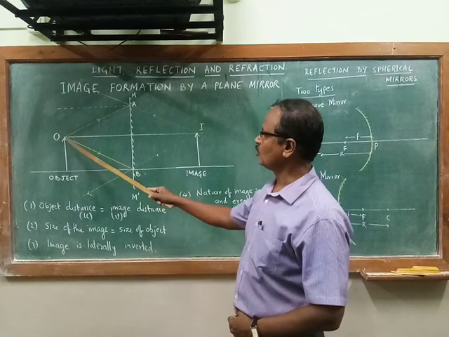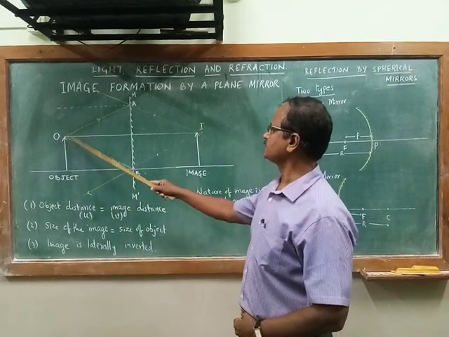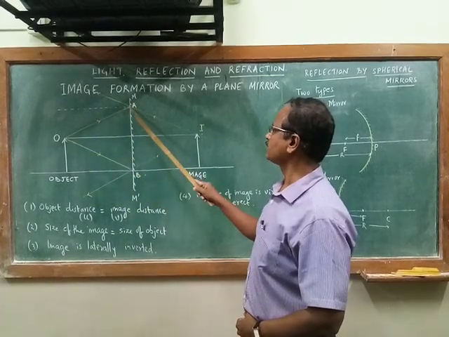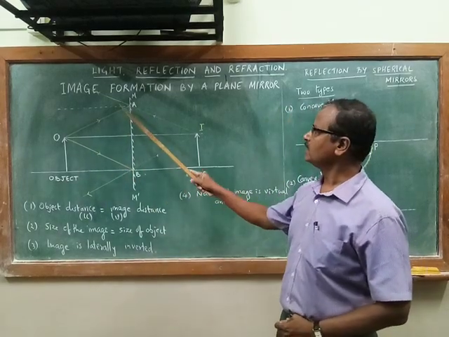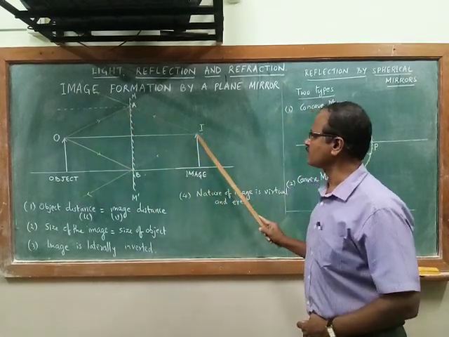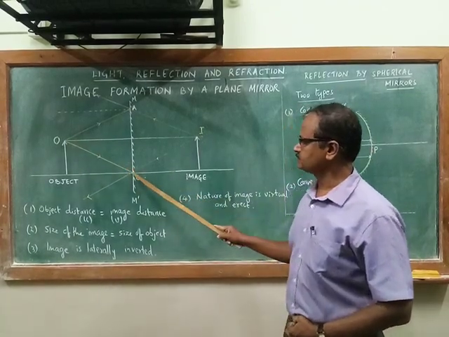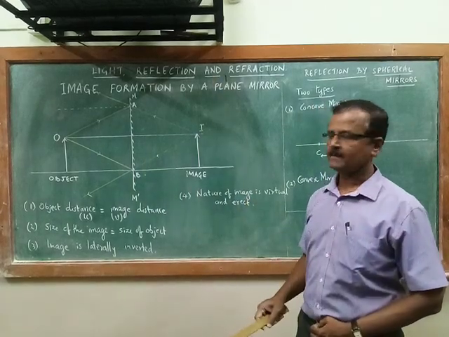Let us say O is the object. These are the rays from the object falling at different parts of the mirror. One ray OA, incident at A, after reflection appears to have come from this point. Another ray which is reaching the bottom after reflection appears to have come from the same point.